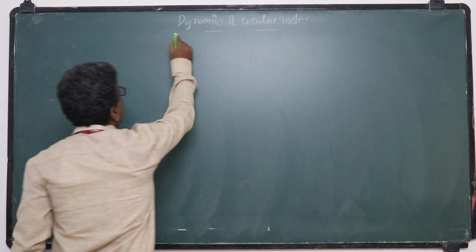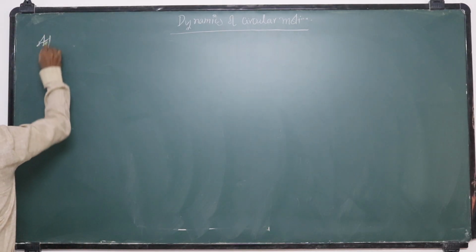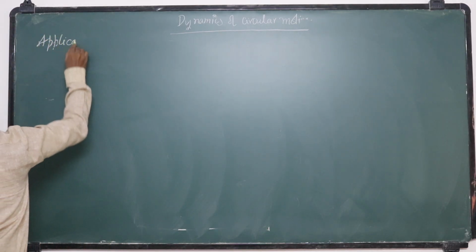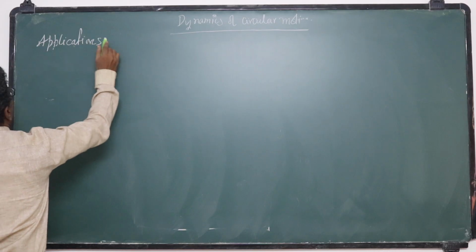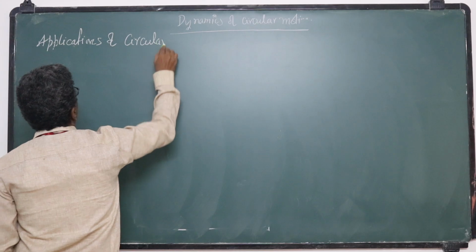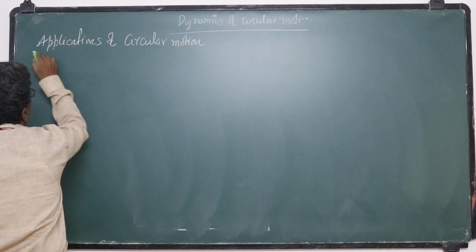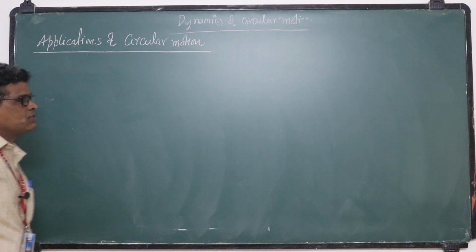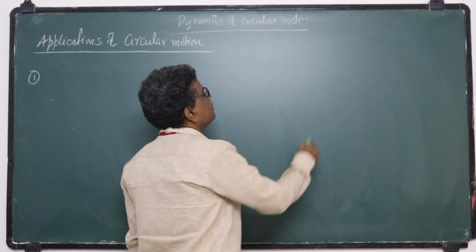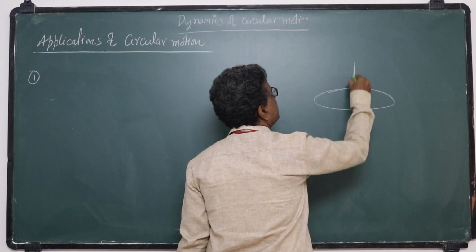So the next one is applications of circular motion. The first one: a body is placed on a rotating disc at a distance r from its center.